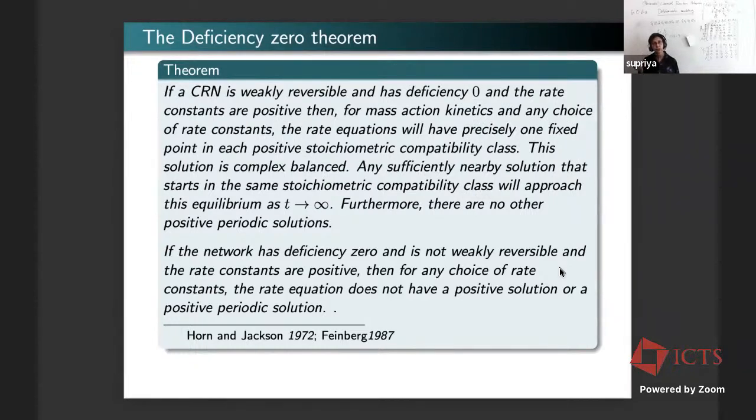We'll have plenty of time to look at this theorem again, so even if you didn't manage to read the whole thing, that's no problem. The main point is that deficiency zero seems to be a very simple thing. Once you get used to it, you just look at a network and you know what its deficiency is. But it seems to have implications for dynamics. So how is that? That's exactly what we're going to try to understand.